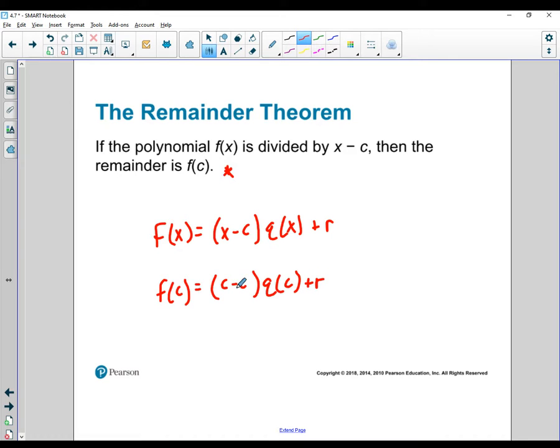Well, c minus c is 0, and 0 times anything is 0. So we get f of c equals r, the remainder, right? And that's all this is. You plug it in, you get the remainder. So it only works when you're dividing by this linear x minus c term. Just like synthetic division also only works if you're dividing by an x minus c.